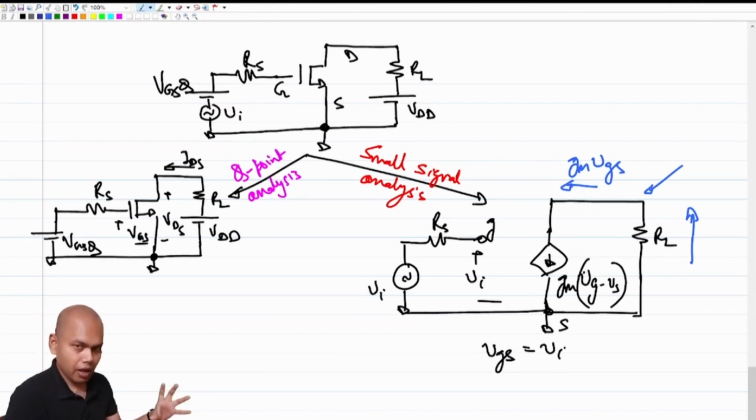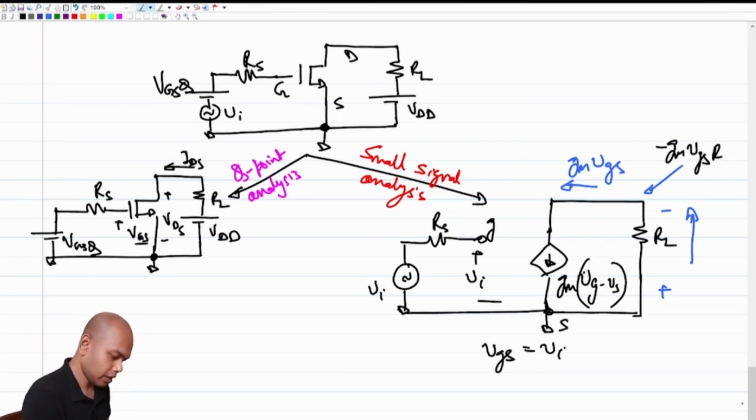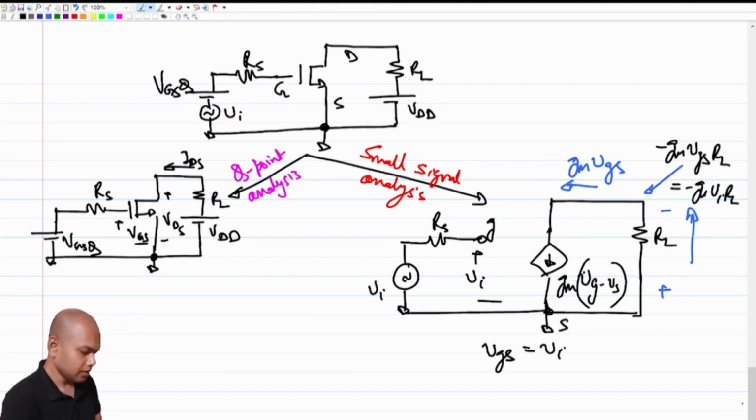What is the drop across RL? The drop across RL is GM times VGS, but in which direction? In this direction. Since the bottom side of RL is grounded, this voltage will be minus GM times VGS times RL. Correct? Or in other words, minus GM times VI times RL, right?